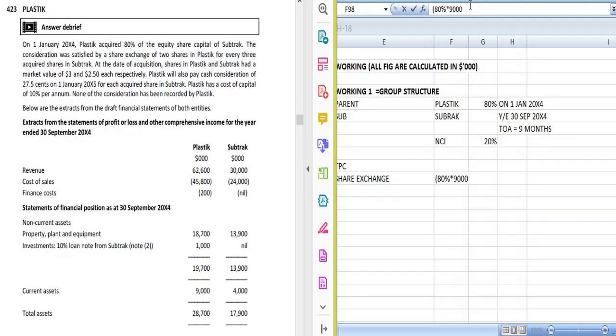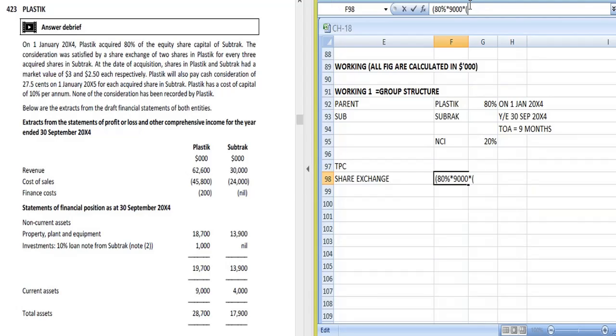So here we will multiply 2 by 3. Then again we will multiply with the fair market value of the parent, which is given in the question. At the date of acquisition, shares in Plastik and Subtract had a market value of 3 and 2.50 each respectively. So 3 is the market value of the parent.